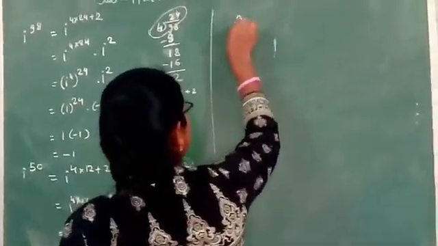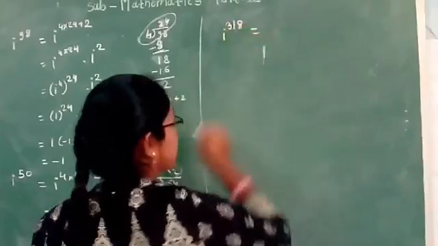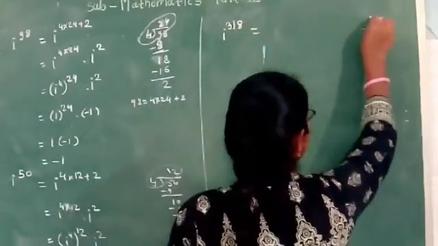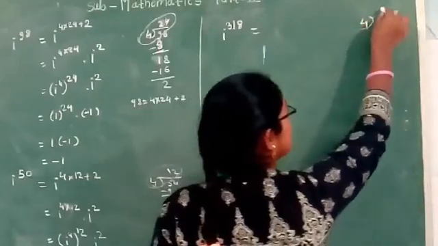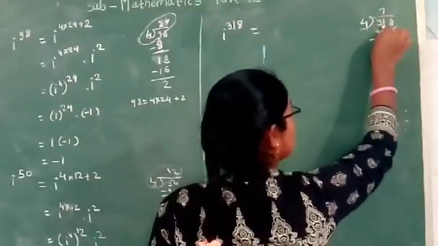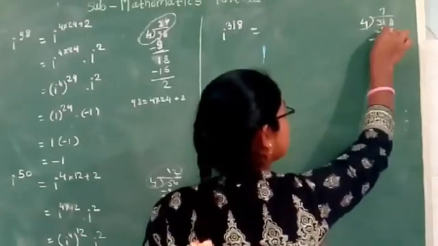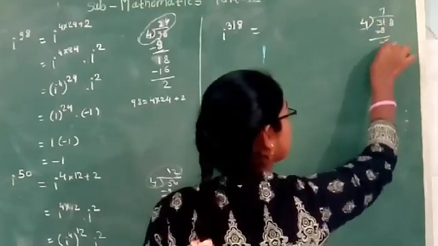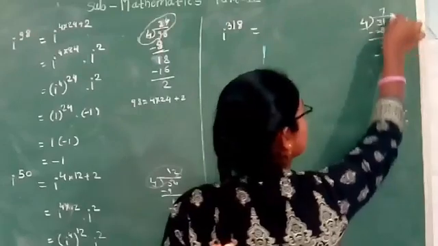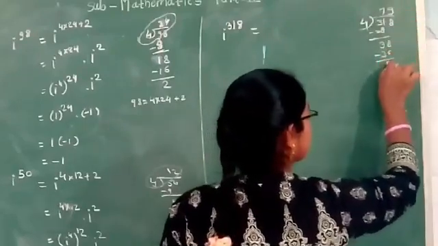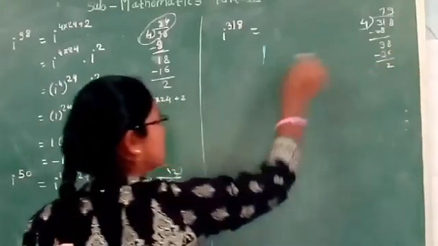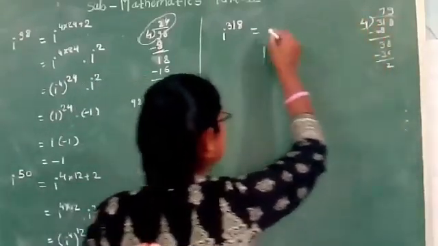i raised to 318. We split 318, divided by 4. The remainder is 2 and this is 4 into 79.